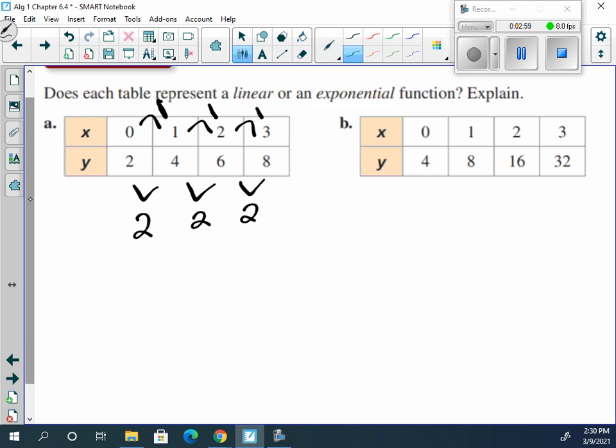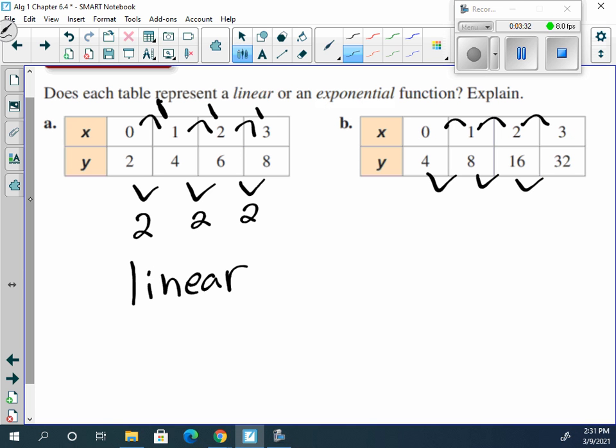So here, the change in x and the change in y is the same. It is constant, yes? So if we have a constant change in the x and the y, it is considered to be linear. Okay, so the first one's linear because the change in x and the change in y is the exact same.